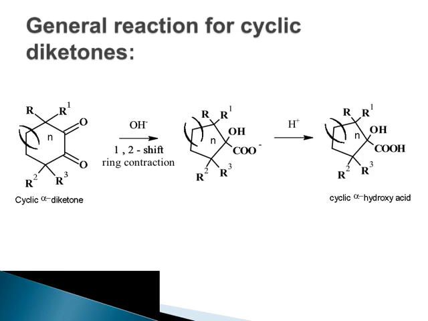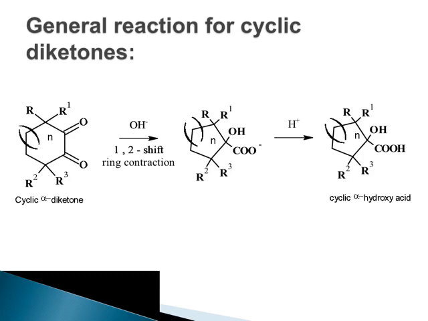So what happens? This sigma bond breaks and those sigma electrons will shift to form a new bond. So we get a ring which is smaller in size, one carbon atom less. So this carbonyl carbon will go out of the ring. So if you have a 6-membered ring, that will get converted into a 5-membered ring.